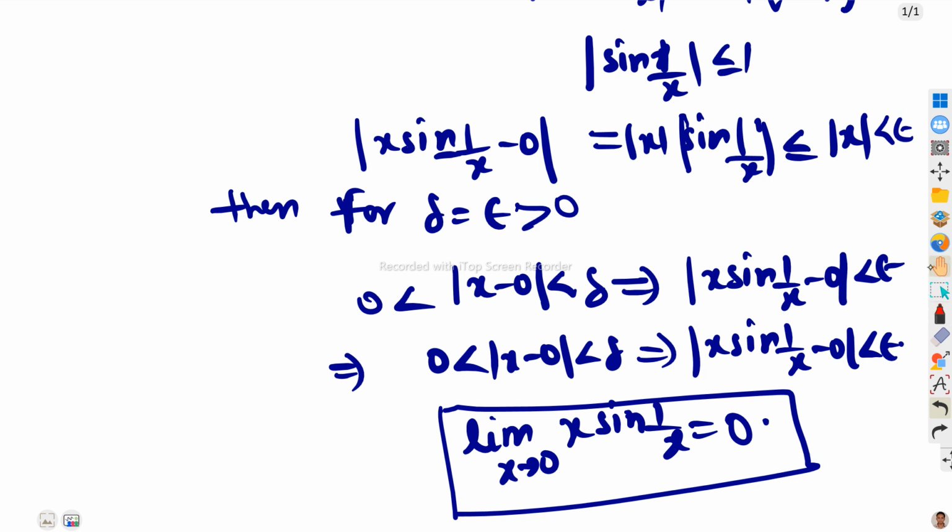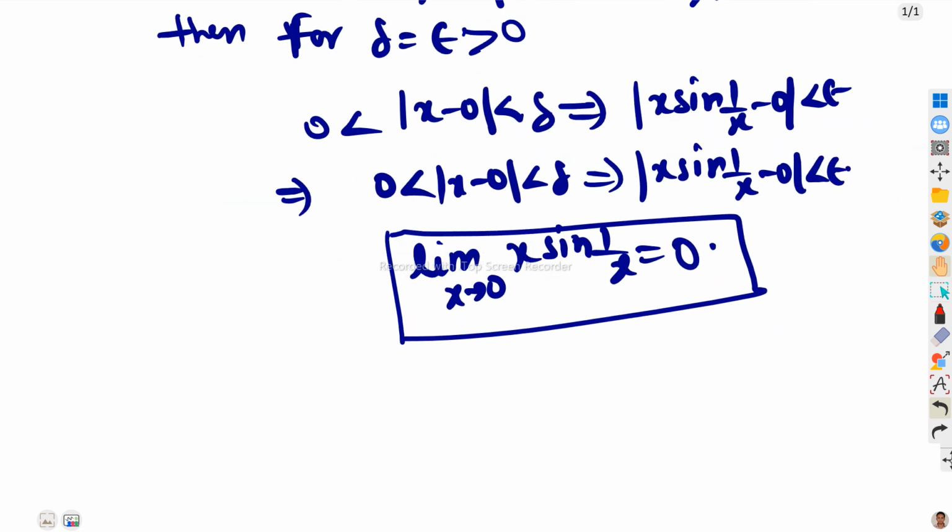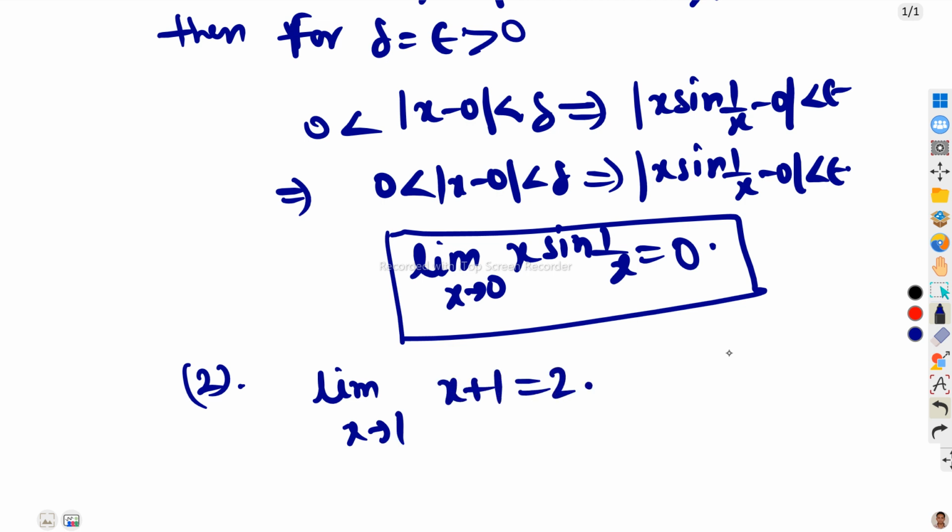Now we are going to discuss another example. The second example is to show that the limit as x tends to 1 of x + 1 equals 2.